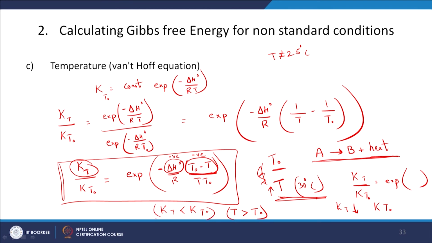This is what we just observed. So let us try to apply that to what we see here. Think of this now: let us say at standard condition A goes to B plus heat, and you are increasing the temperature, what does that more or less translate into?